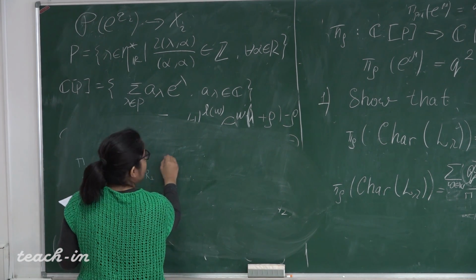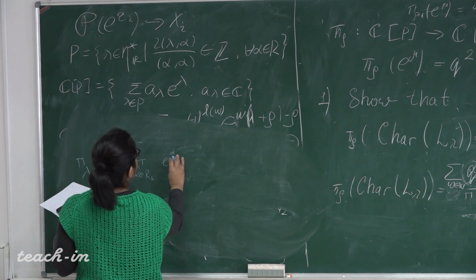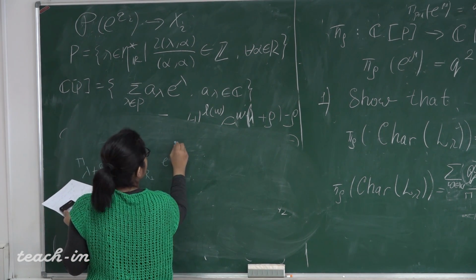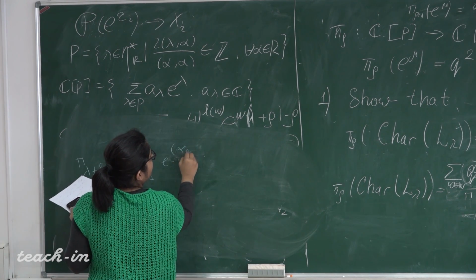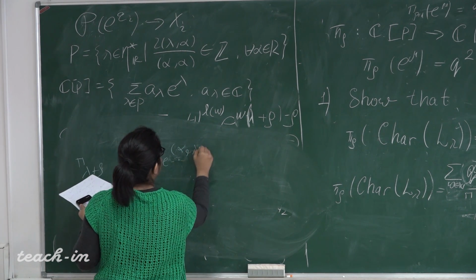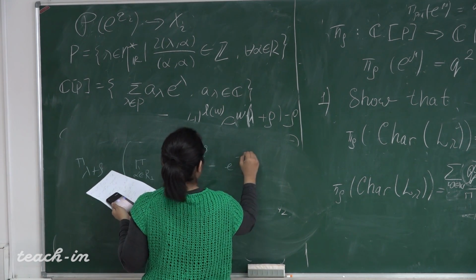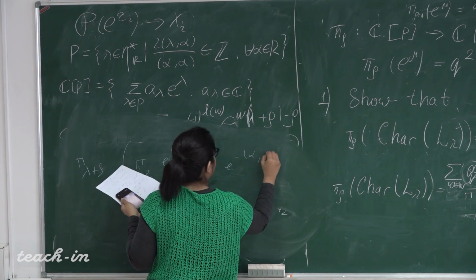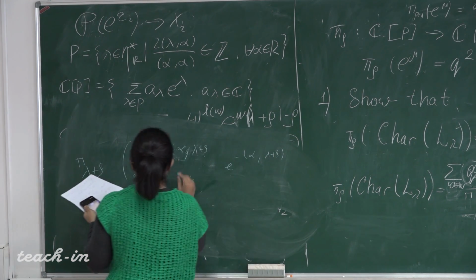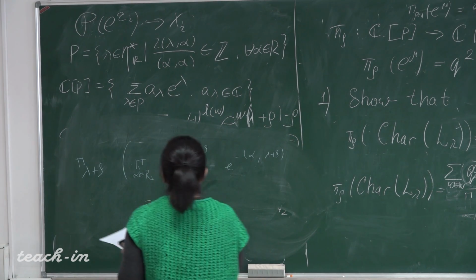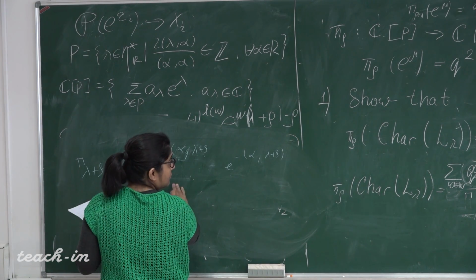And e to the power alpha by 2 will become e to the power of alpha, lambda plus rho, minus e to the power minus alpha, lambda plus rho. Yes, exactly what's written here. It's the left hand side.